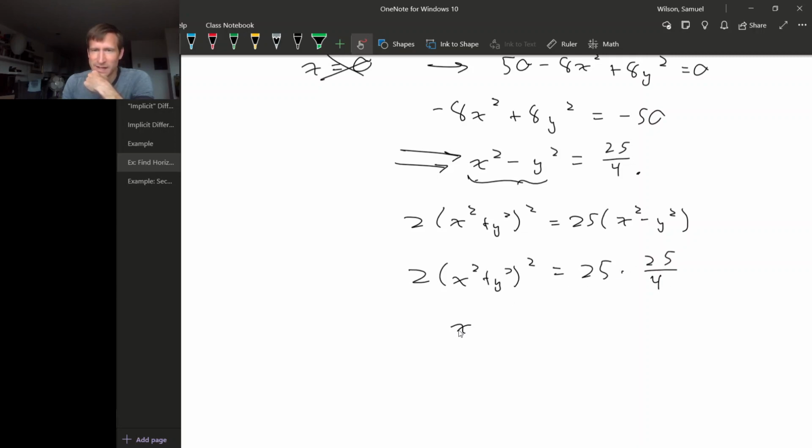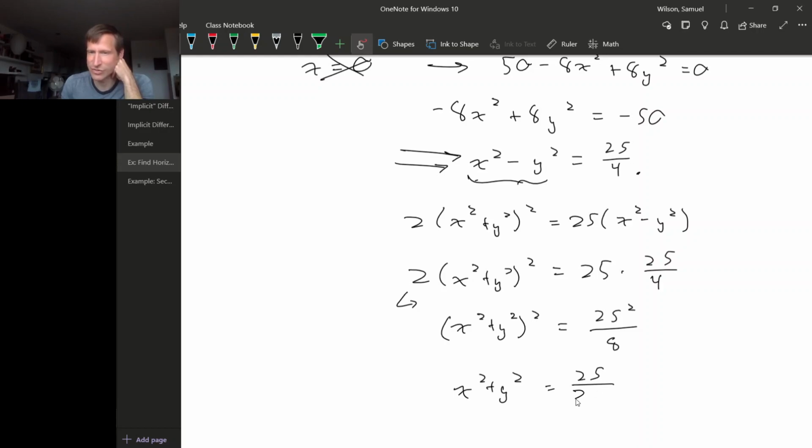So we get (x squared plus y squared) squared is 25 squared over 8. I moved this 2 to the other side. All right, now when we take square roots, we get x squared plus y squared equals 25 over 2 root 2. Square root of 8 is 2 root 2.